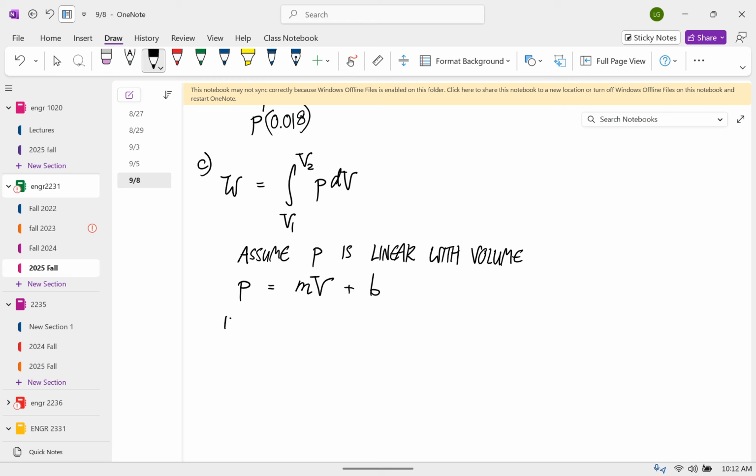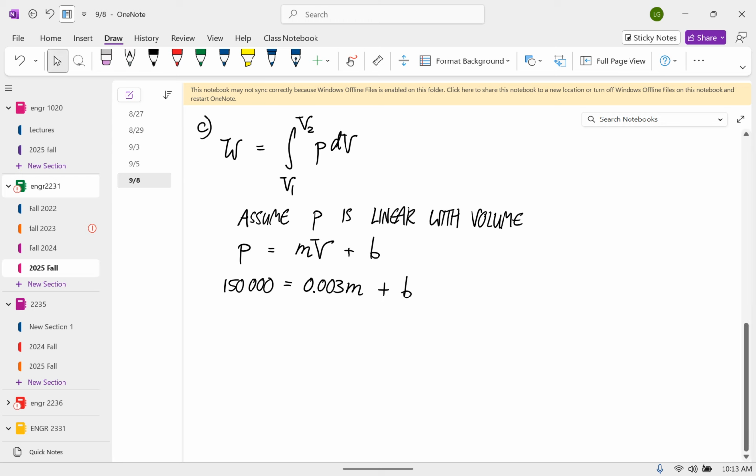So P1, 150,000, is equal to 0.003 M plus B. This is instant 1. And then in instant 2, my pressure is 100,000, and that's equal to 0.002 M plus B.